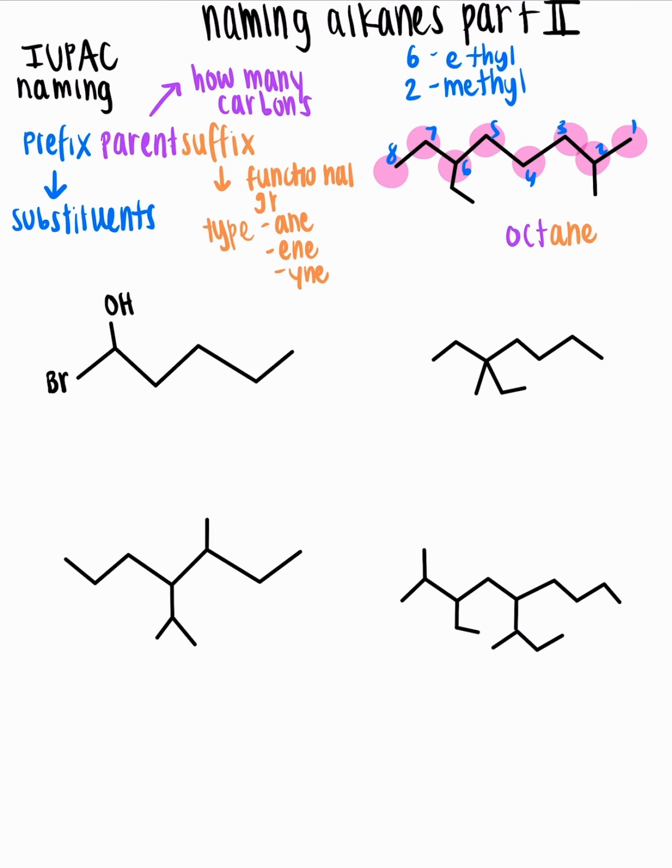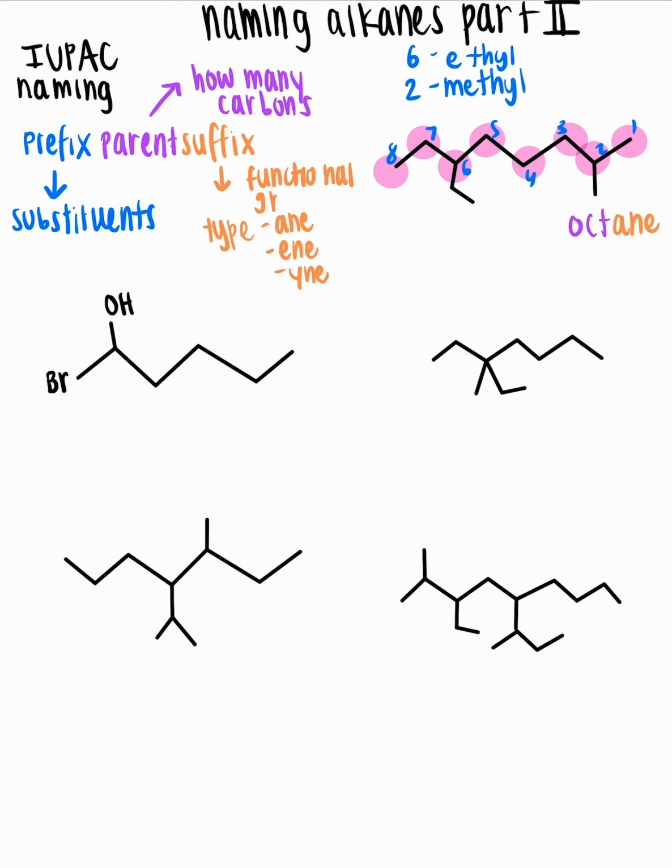Now let's piece all this information together. We know we have octane, and we ask, what is going to go first, the number or the letter? Right now you can be tempted to say 6-ethyl, 2-methyl, or 2-methyl, 6-ethyl.